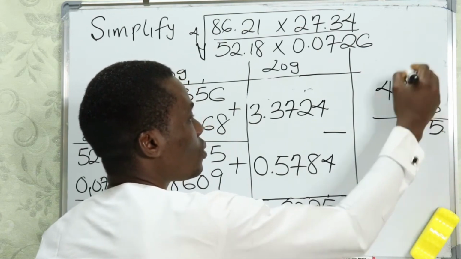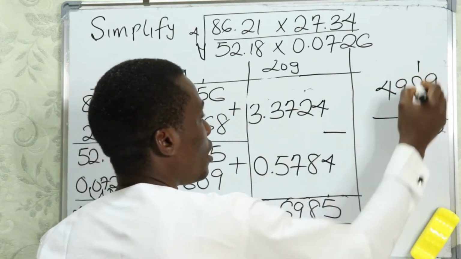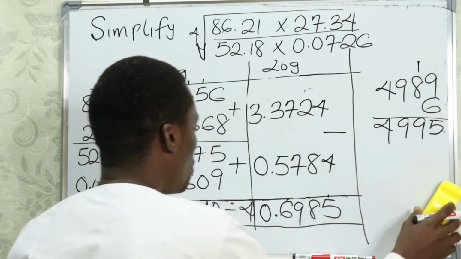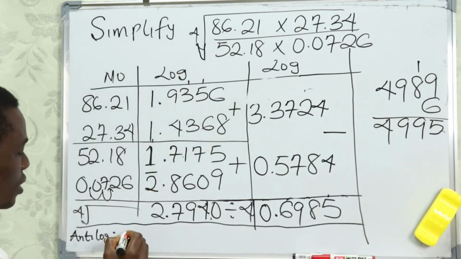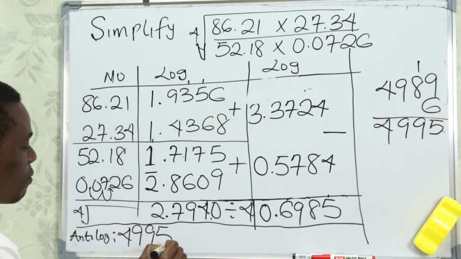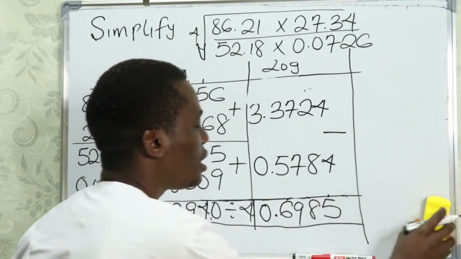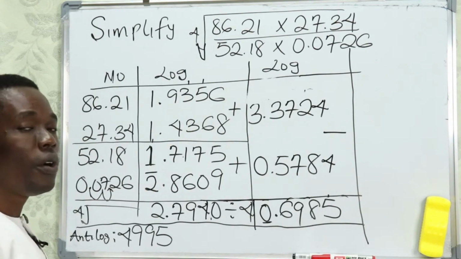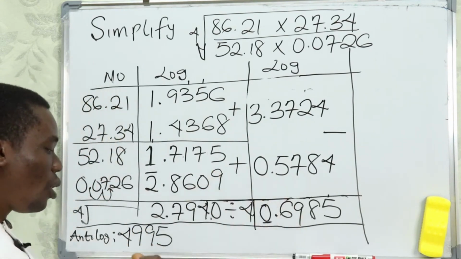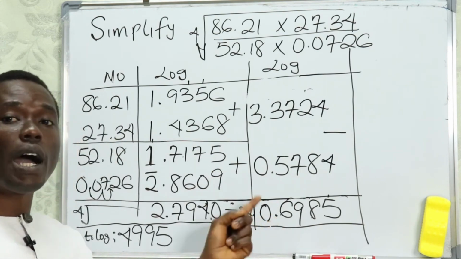5 plus 1. 9 plus 6 is going to give us 15. We write 5, take 1. This will be 9, this will be 9, and this will be 4. So our final anti-logarithm of that logarithm is going to give 4995. That is not our final answer, because we are required to add the integer or the characteristic. Now remember, when you are changing back to a logarithm value, the integer which you subtracted 1 from, you are going to add 1 to it.